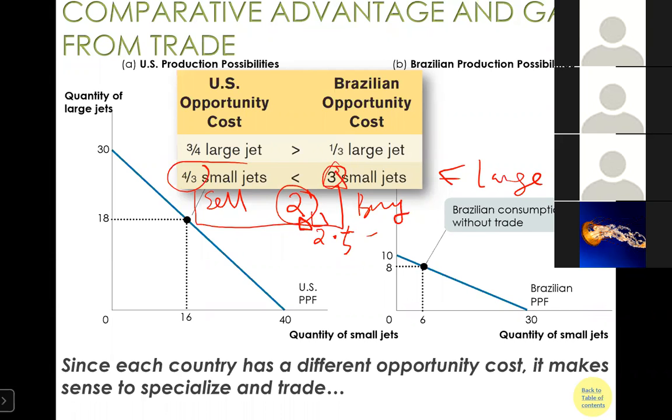Right? Because this depends on the bargaining power of the country. So 2.5 is going to benefit the US more, probably because the US has more bargaining power in the international market.